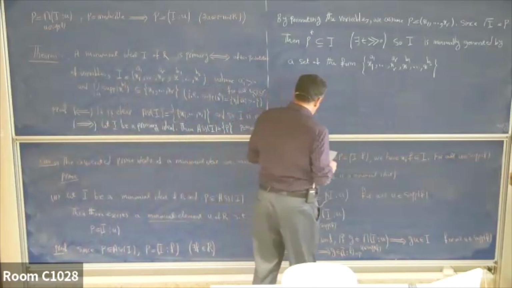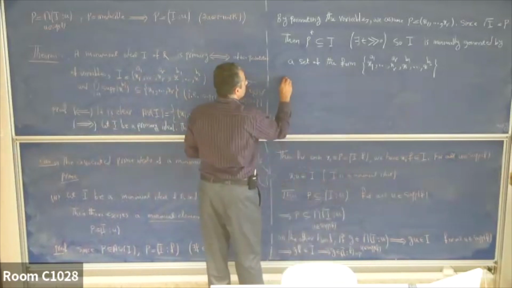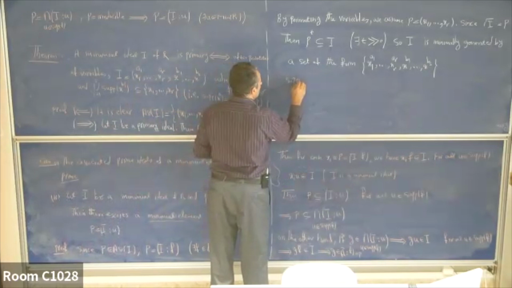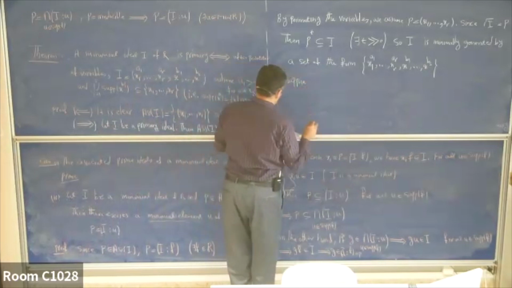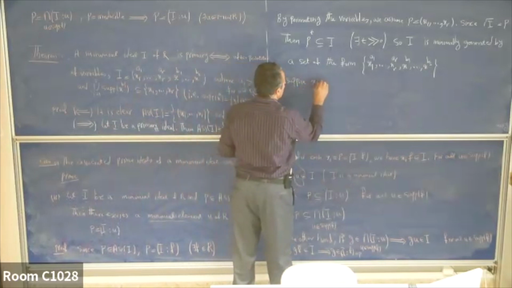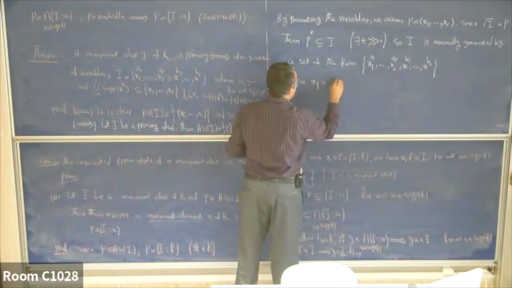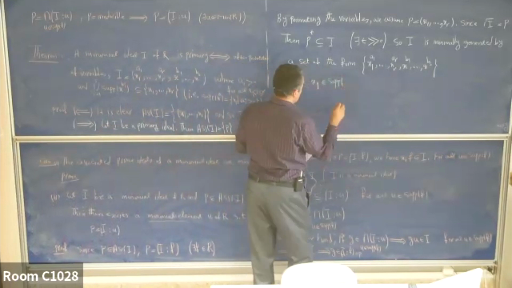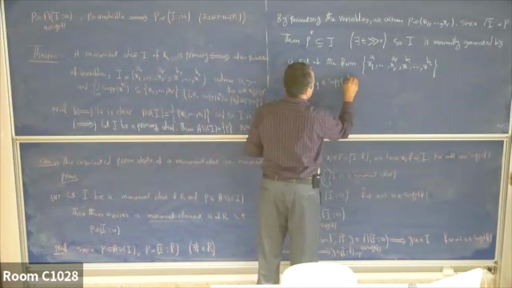So suppose xj belongs to the support of x power bi.